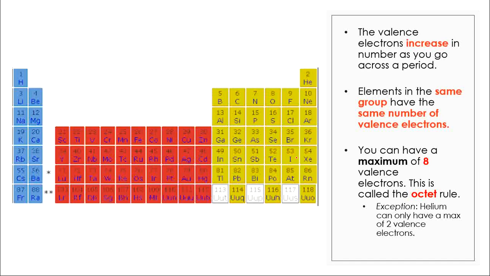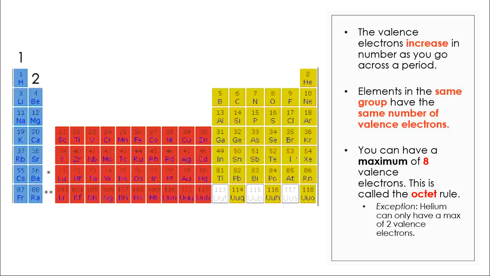Now, hydrogen and helium is a different story. The smaller atoms are satisfied with 2 valence electrons. So if you take a look at the periodic table, every element in group 1 has 1 valence electron. Every element in group 2 has 2 valence electrons.